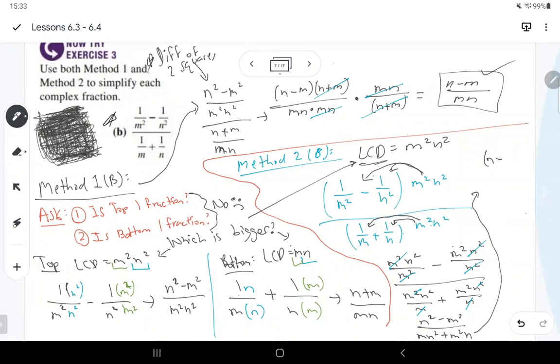So n plus m and n minus m over, and now we have a GCF equal to mn.